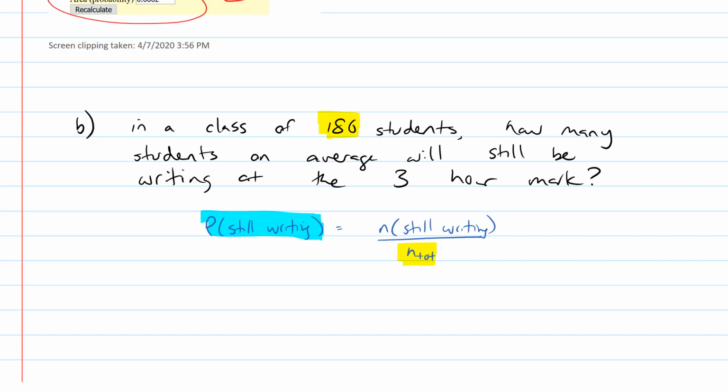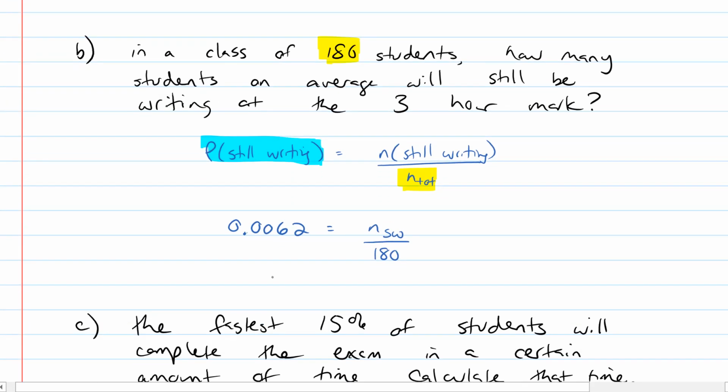And so if you write all that in, we get 0.0062 is equal to the number that are still writing divided by 180. And so cross-multiplying gives that the number still writing is equal to 180 times 0.0062, and that's equal to 1.119 students. And clearly you can't have fractions of a student, and so we're going to round it to 1 student.